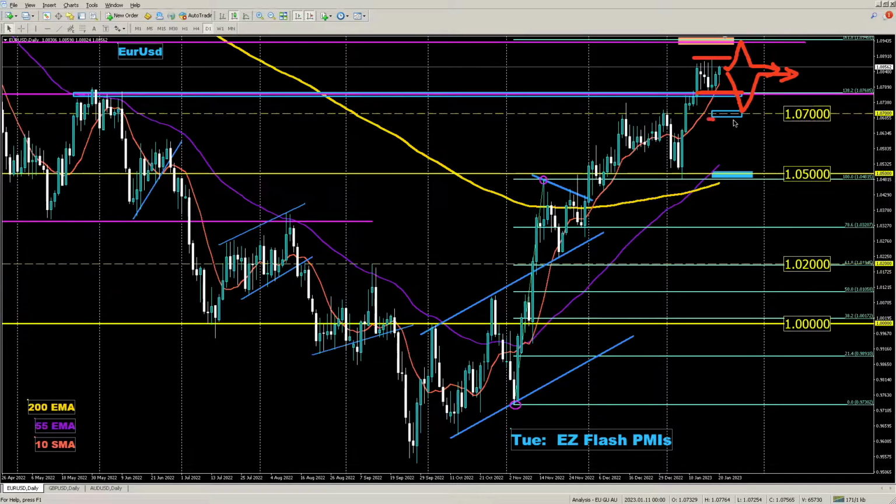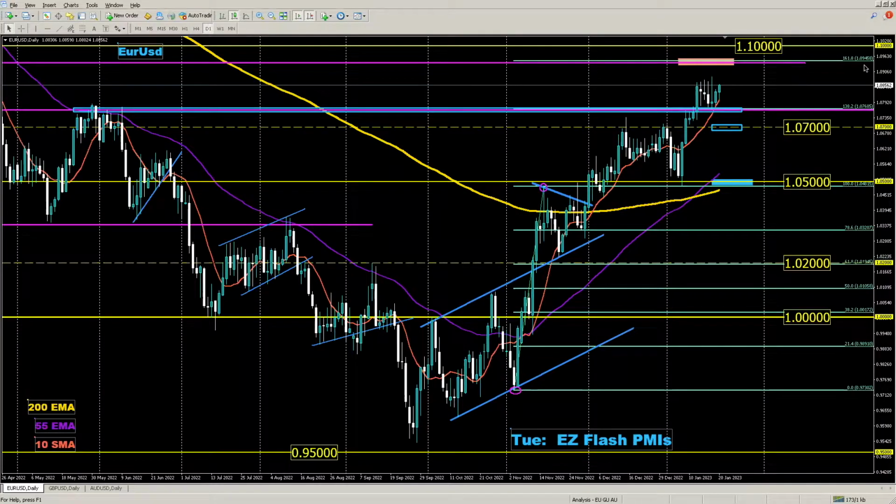So the immediate support is definitely going to be at the 107. And the target area is just going to be at 109, just above the 109. The 162 pip extension is at the 109.45.